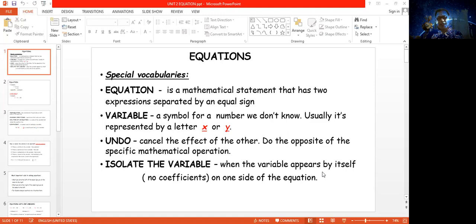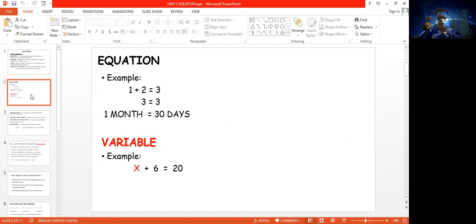I'll give you a quick example here. An example of an equation is a mathematical expression separated by an equal sign. This is an equal sign.